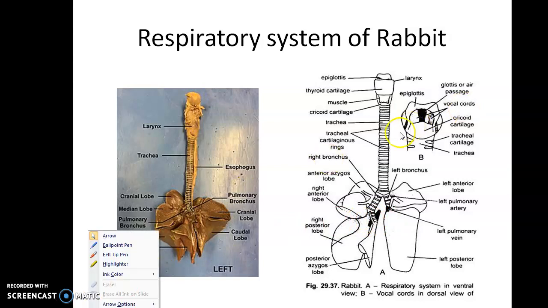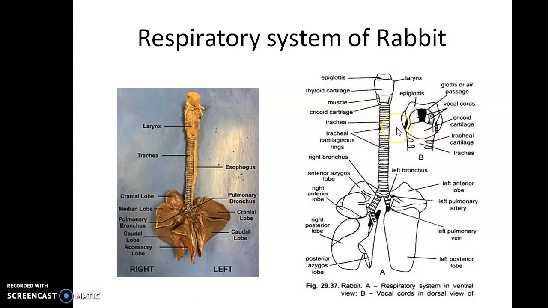So in turn it protects the, like this. So you have the vertebral column here, and this is the sternum here, right?